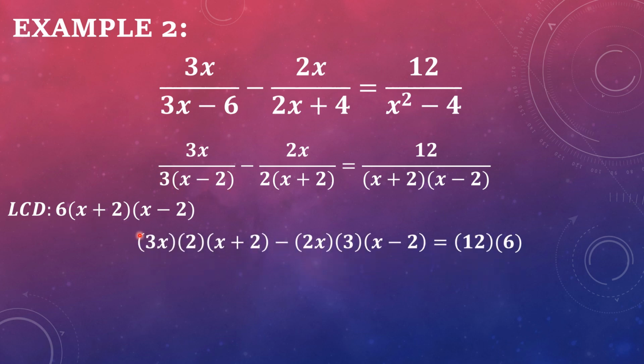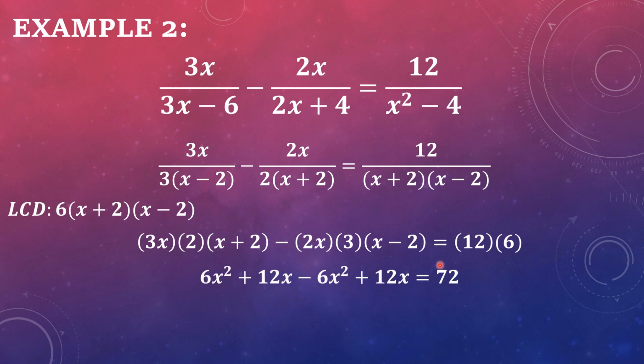Our LCD divided by the denominator 3 quantity x minus 2 times 3x is 3x times 2 times x plus 2, minus our LCD divided by the denominator 2 quantity x plus 2 times 2x is 2x times 3 times x minus 2, which is equal to this LCD divided by these denominators times 12 is 12 times 6.